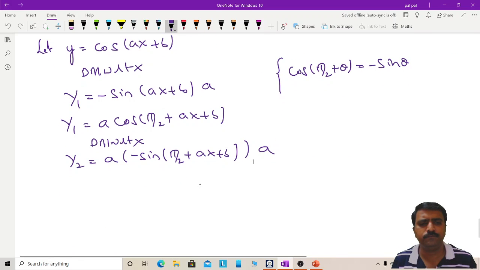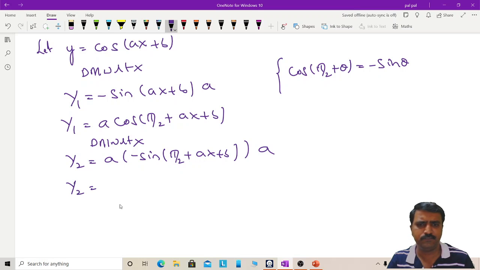Now we can write this minus sin theta as cos 90 plus theta. So y2 is equal to a into a, which is a square, into cos 90 plus theta, since minus sin theta can be written as cos 90 plus theta.